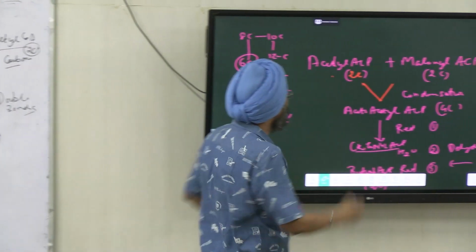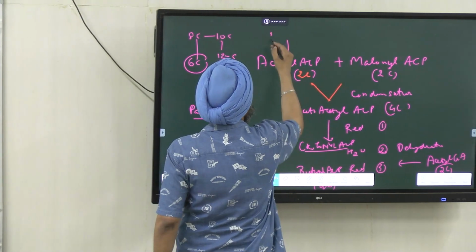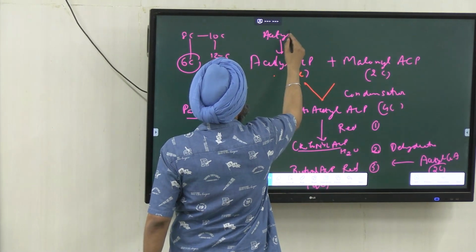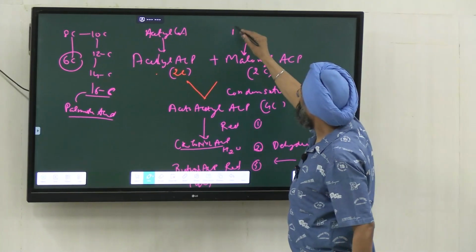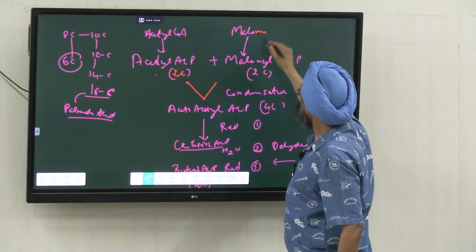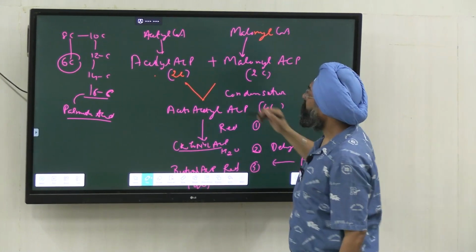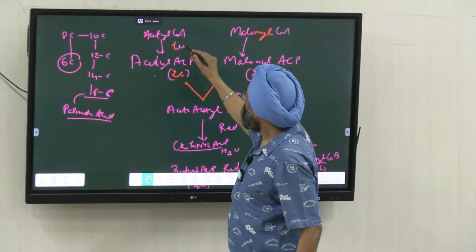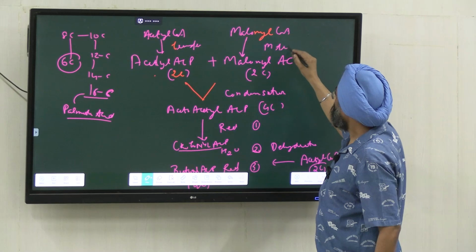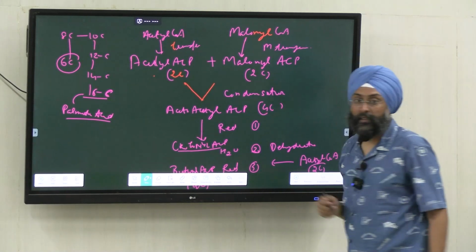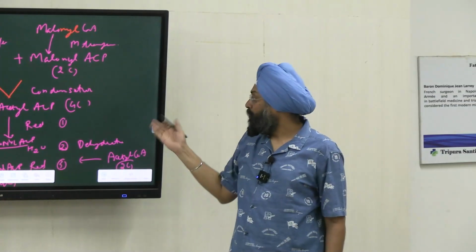And acetyl ACP was formed from acetyl CoA, and this was formed from malonyl CoA. This is acetyl transferase, and this is malonyl transferase. Clear? So how will you remember the mnemonic?